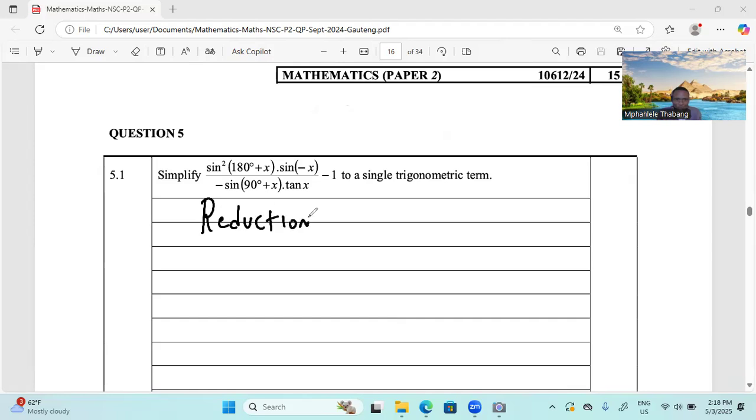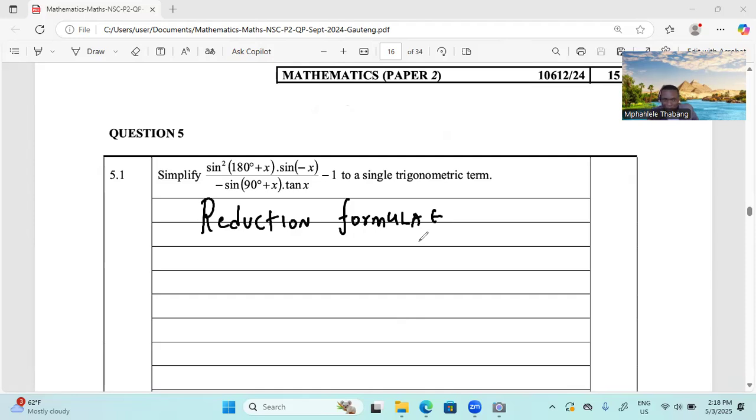That is the mathematical skill the examiner is testing here. They want to see if you have learned the reduction formula very well, which will come in your final exam.